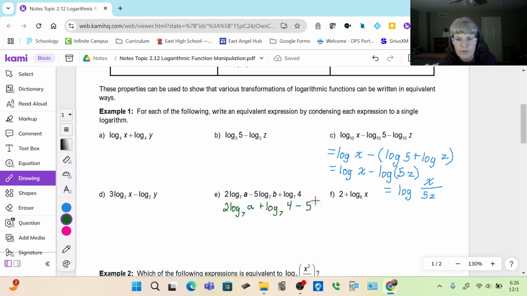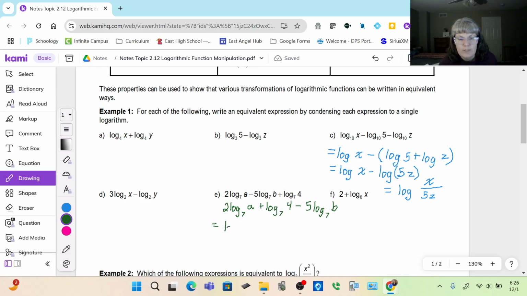That is perfectly acceptable. You're just rewriting it in an equivalent order. And then you can work on this addition, actually, before I do that, I need to worry about these constants that are in front of my logs.